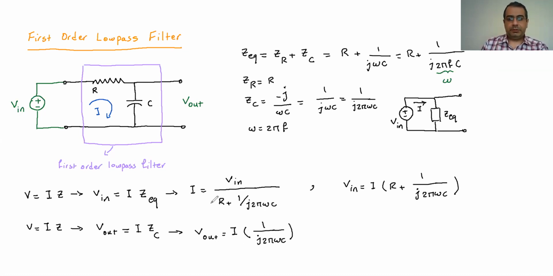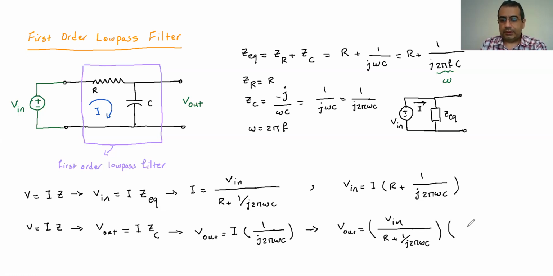And if I just replace the I from here, I can say that the V output is V input divided by R plus 1 over j 2 pi omega C, multiplied by 1 over j 2 pi omega C. Sorry, 2 pi F, 2 pi FC.